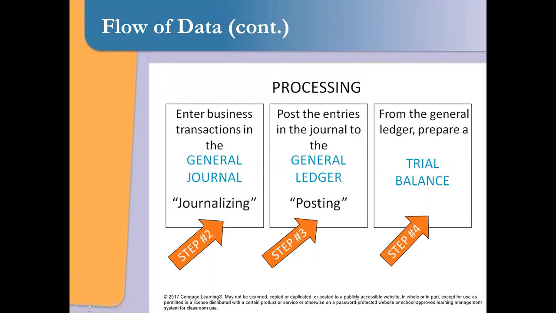Once we want to get things more organized, we take things from the general journal and move them to the general ledger. Once we've moved everything to the general ledger, we create a trial balance. The reason we do that is to determine if we've made some mistakes or some things are off.